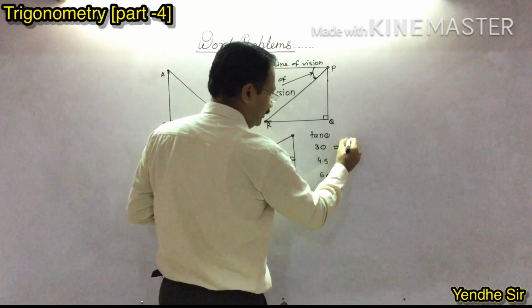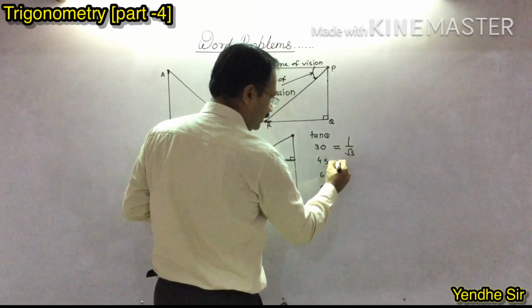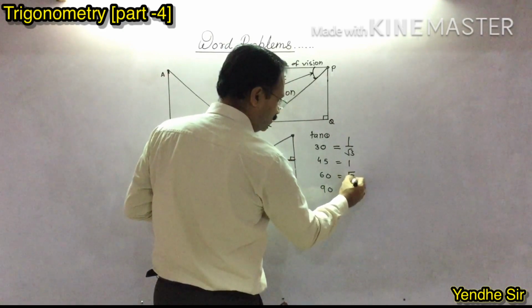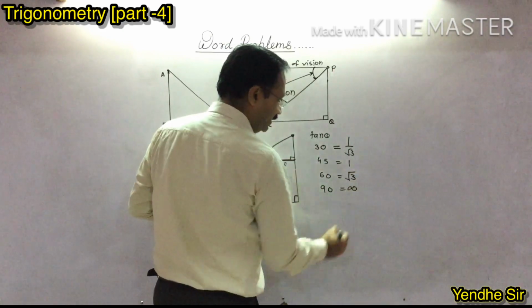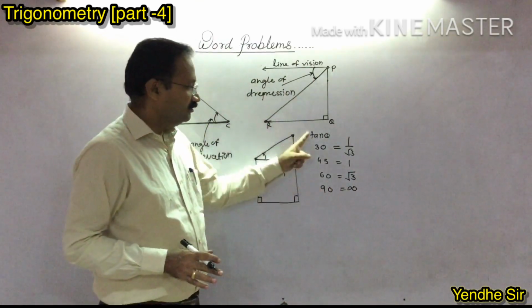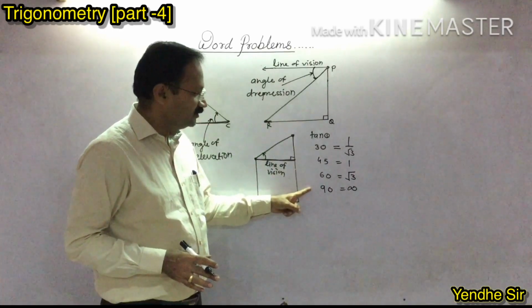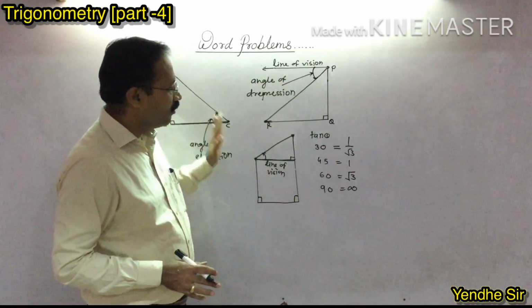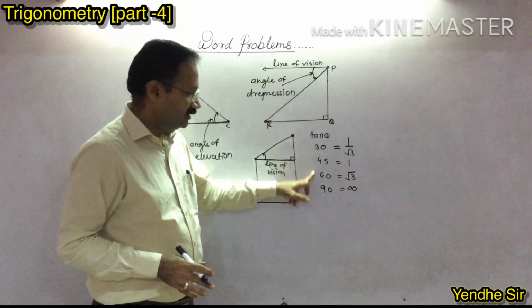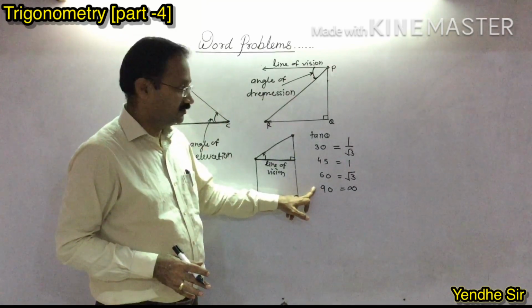Tan 30 equals 1 upon root 3. Tan 45 is 1. Tan 60 is root 3. And tan 90 is not defined, so it will not be given. Okay. So if you remember these things, then you will be able to solve all the word problems which are related to trigonometry. But you must know these things.